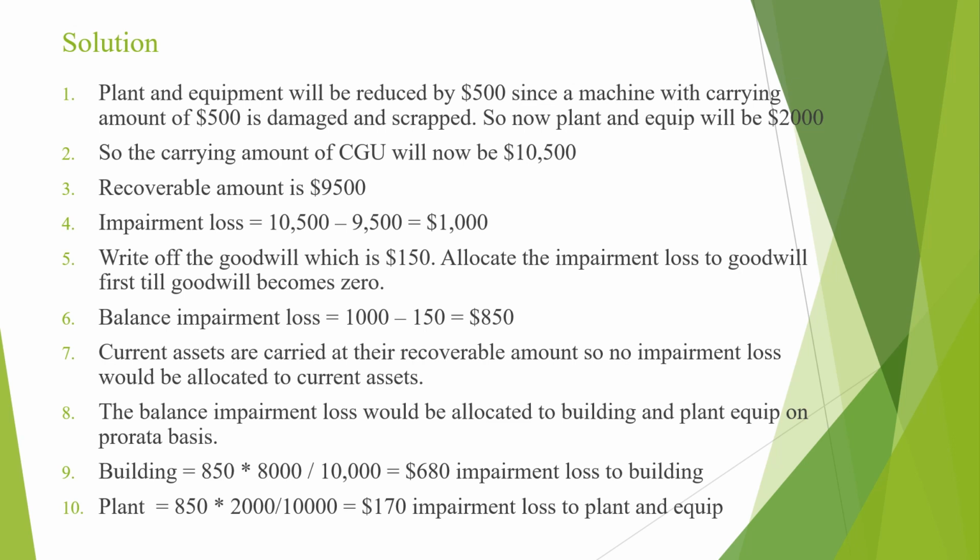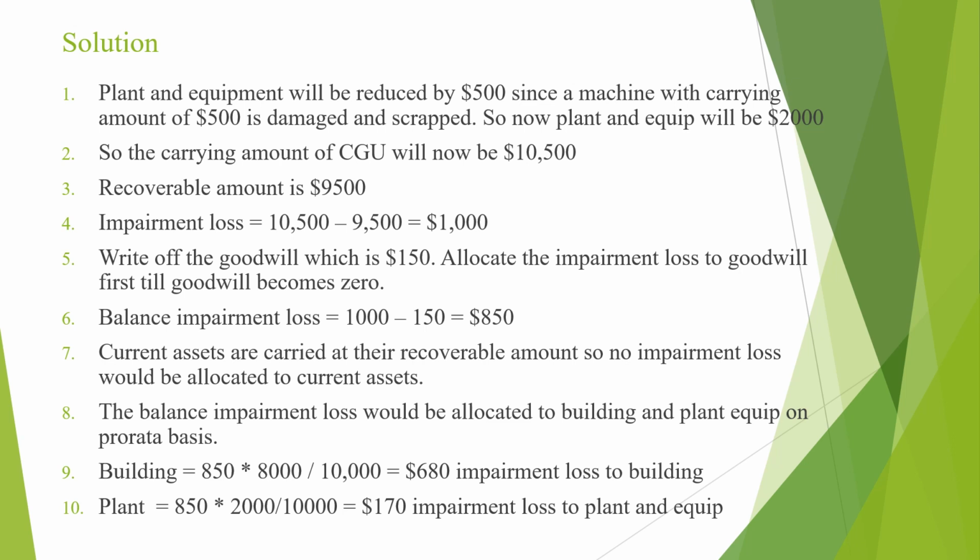Now I want you to write down the new values of the assets. Goodwill will become 0, building will become 8,000 minus 680, so that would give you a figure of 7,320. You had a plant of 2,000.